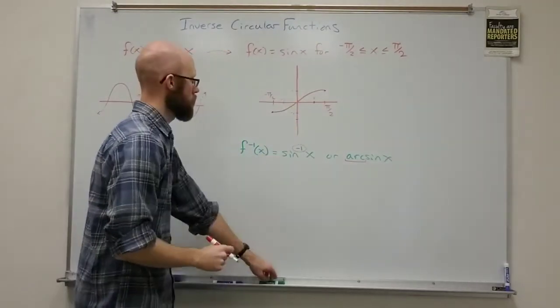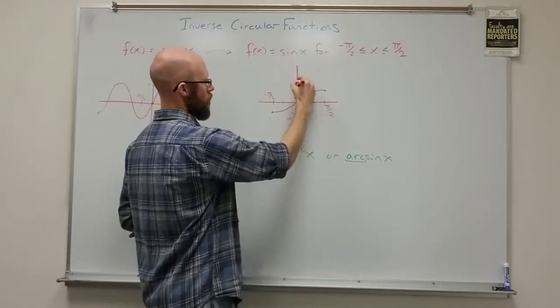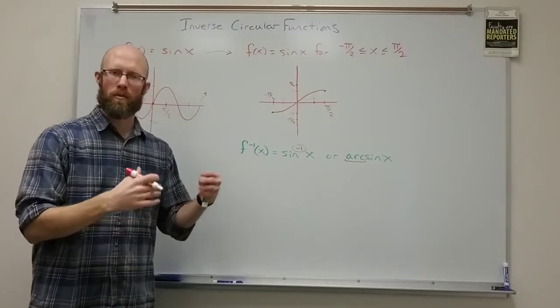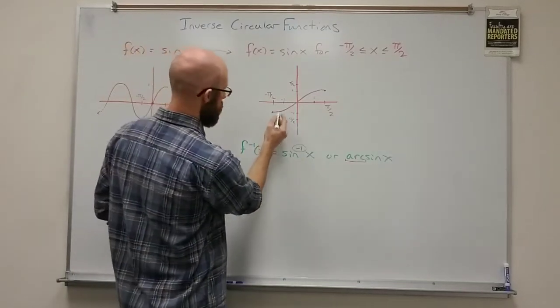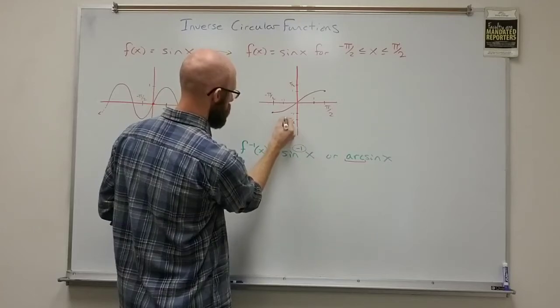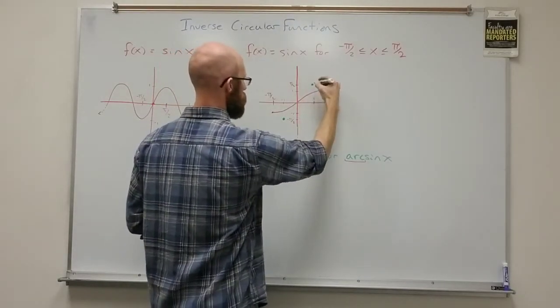Let me draw this in with another color. Negative pi over 2 and pi over 2 should be right around 1.5 and negative 1.5, just a little bit over that. The graph is going to be at negative 1 comma negative pi over 2 and 1 comma pi over 2.